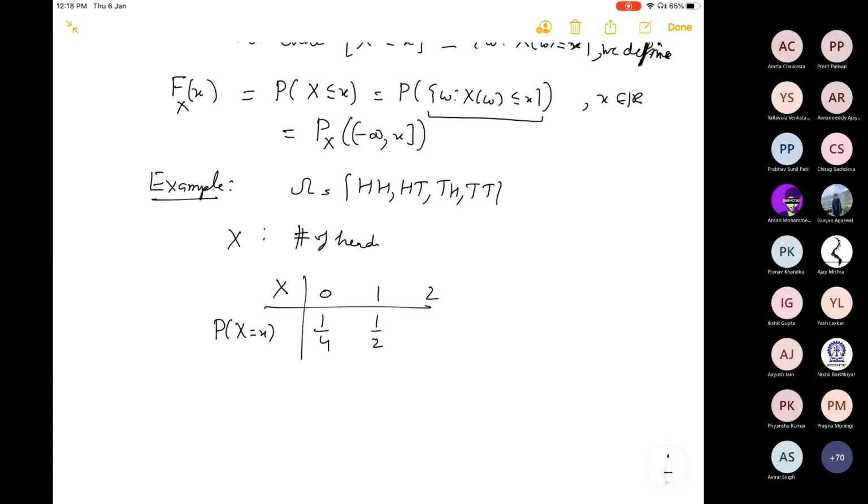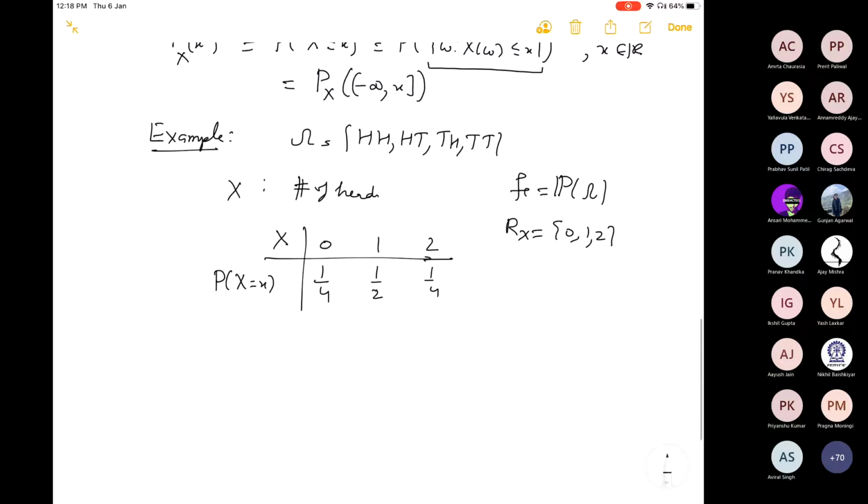For X equal to 1 it is 1 by 2, that is 2 by 4, from HT and TH. For X equal to 2 it is 1 by 4. We can take the power set as the event space, and the corresponding range space is 0, 1, 2, containing these points.